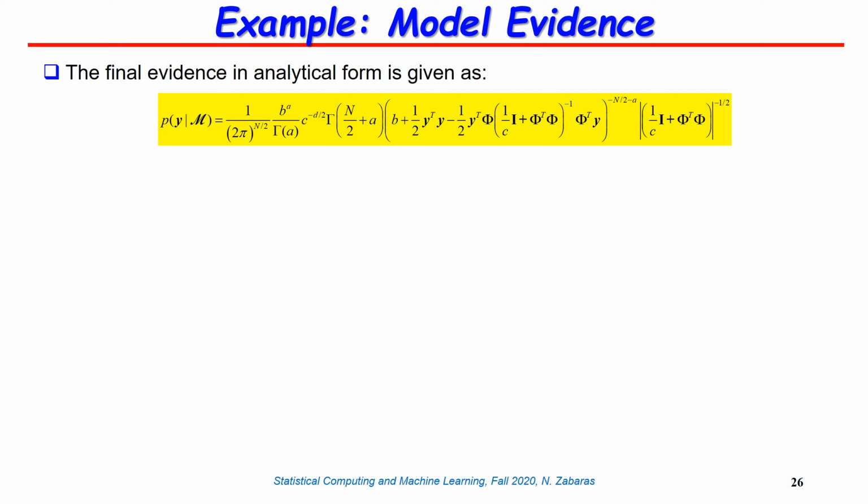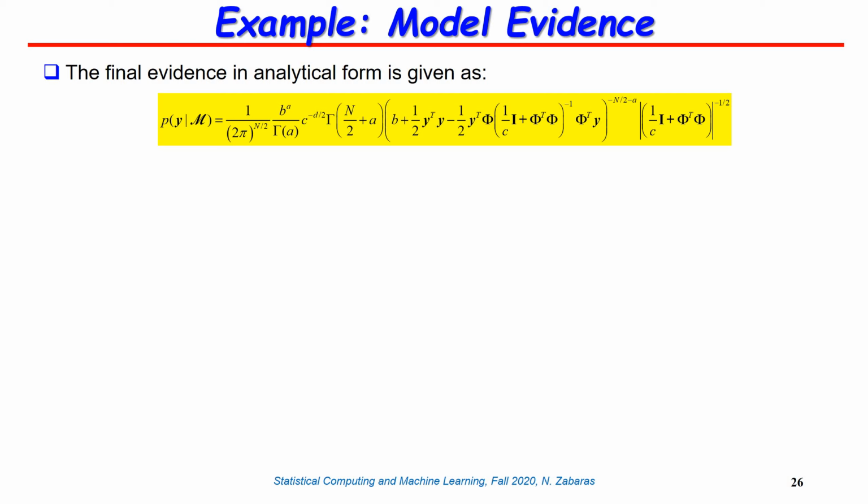And you can see that obviously it depends on the training data, that's where capital Phi and Y come from. It also depends on these parameters A, and B, and C that we had in our prior model.